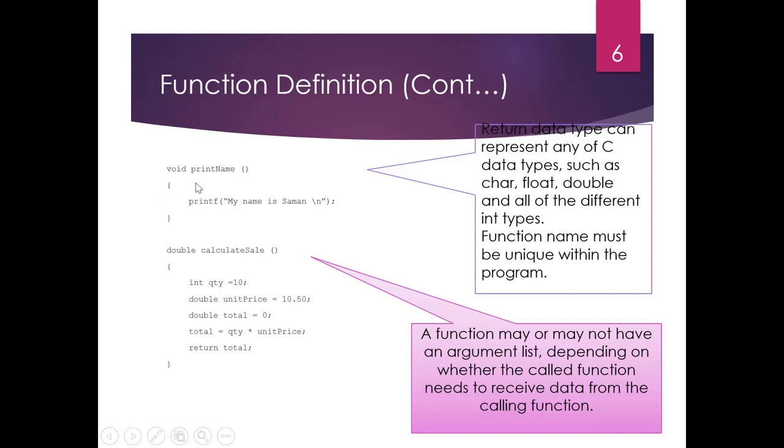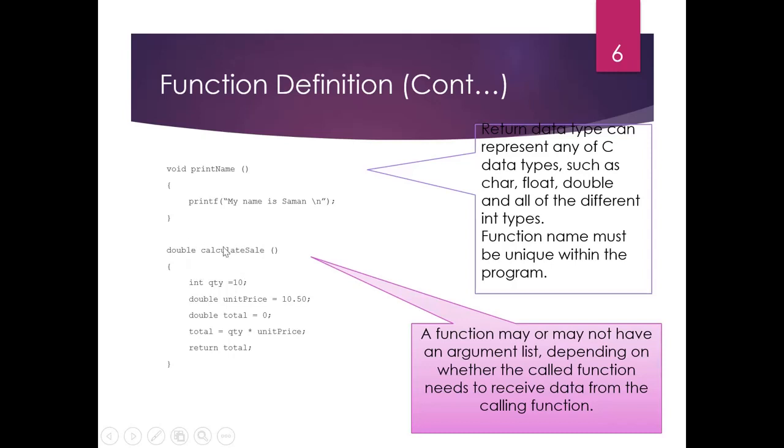Inside this function, it prints this statement: My name is Saman. And this is another function. The return type of this function is double, and calculate sale is the function name.